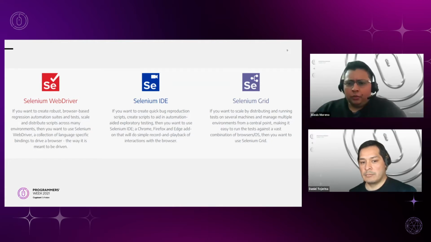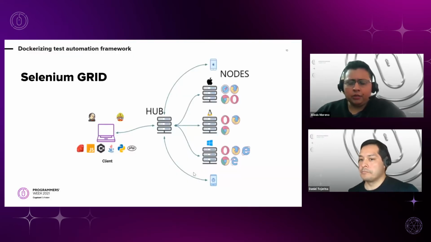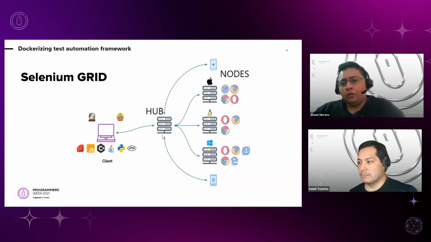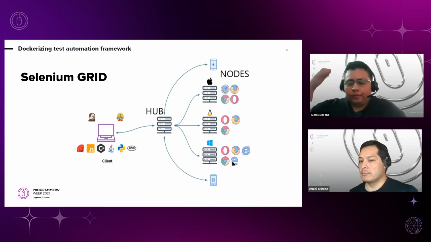And on the next slide, we can see a little bit how Selenium Grid works. It's interesting. First, we have the client, that could be, for example, our local machine or cloud environments where our test framework is. And then our test framework needs to call the hub that is a part of Selenium Grid. The hub has different nodes that can be different devices that have different browsers.